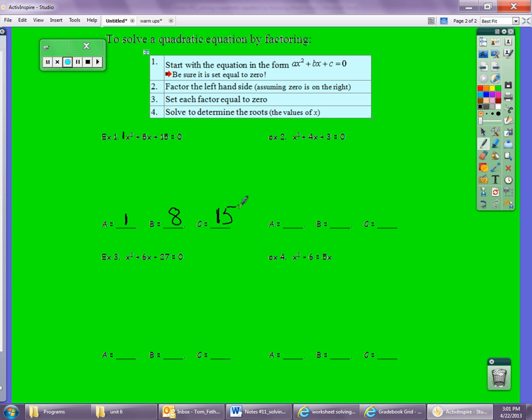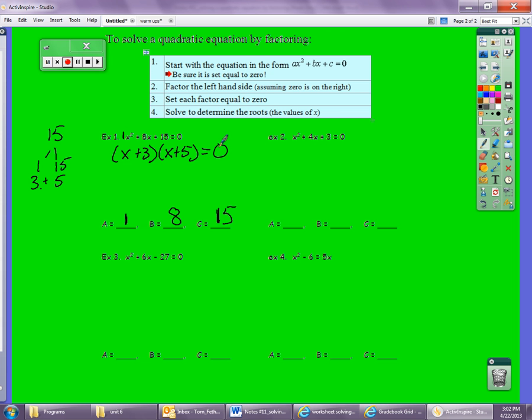So what we want here is factors of 15 that give us 8. Factors of 15, we have 1 and 15, 3 and 5, to add to give us 8. So that's 3 plus 5. So we can factor this: we have x plus 3 and x plus 5.